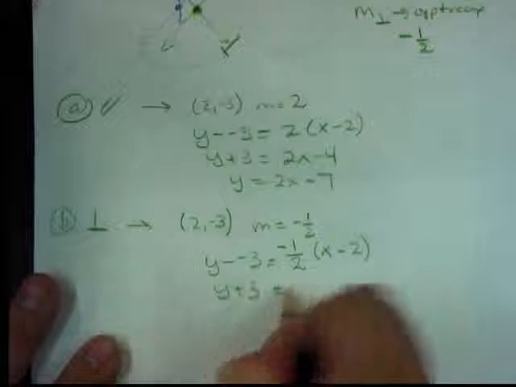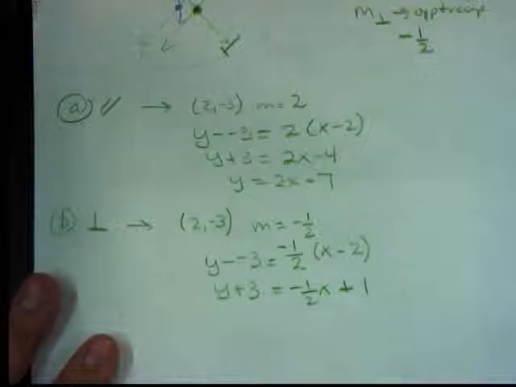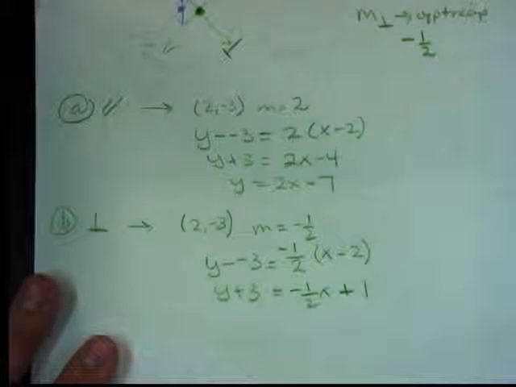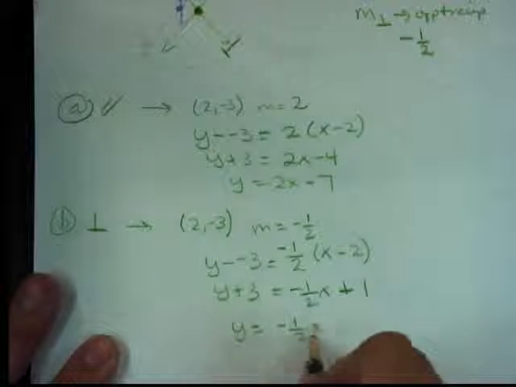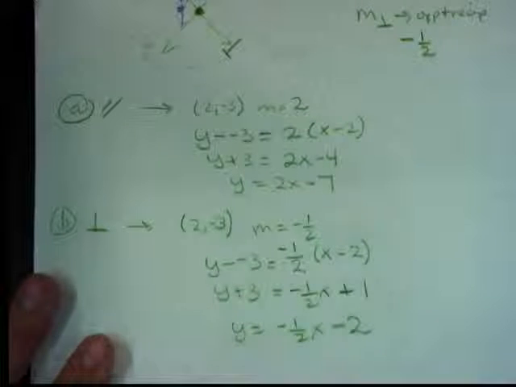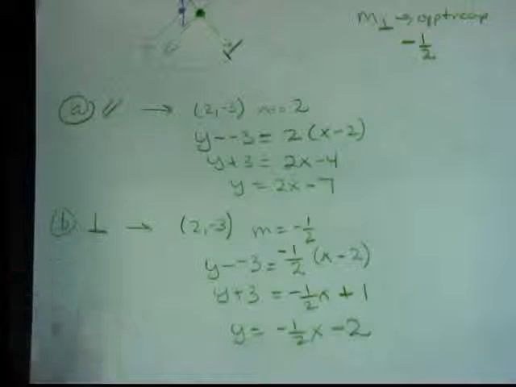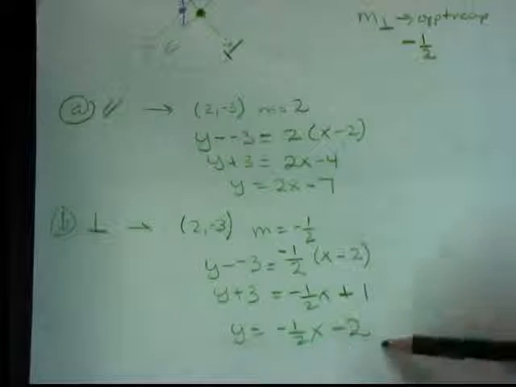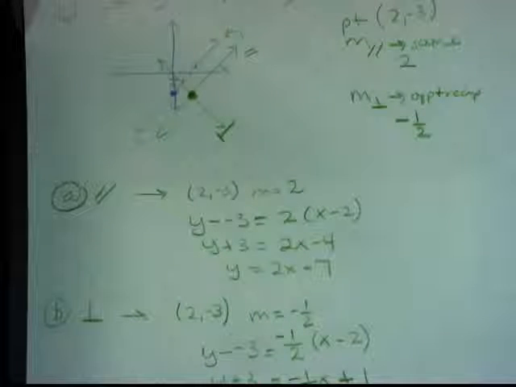Distribute, so y plus 3 is -1/2 x plus 1, because half of 2 is 1, two negatives. So y equals -1/2 x minus 2. There's your perpendicular equation. This perpendicular equation is this line pictorially.